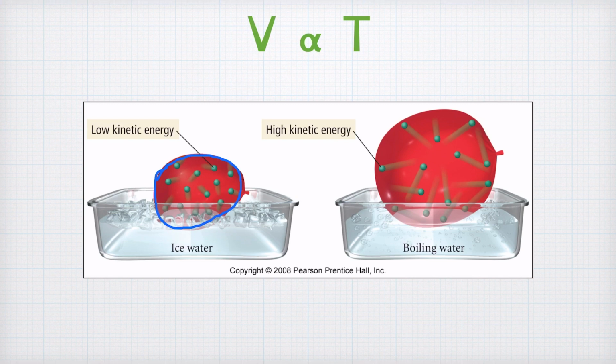But if you put it into boiling water, now each particle has a lot more energy. It can hit the walls with a lot more force, and it can force the walls to move outward and increase the volume. So if you double the temperature, you're going to double your volume.